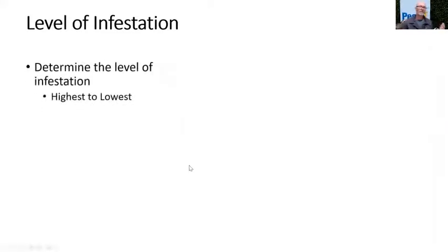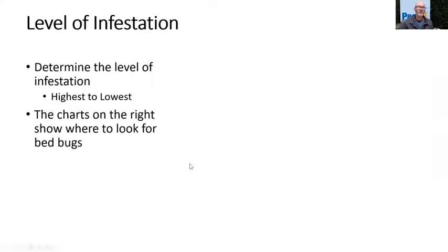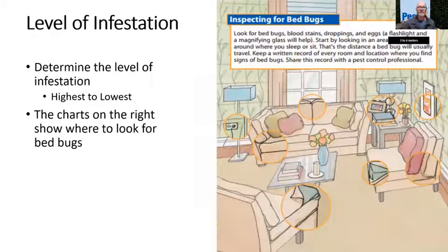So thinking about, obviously, from highest to lowest, our level of treatment. We're going to look at where the bed bugs are and how I can make sure that those areas are most exposed to heat. I don't know if it's easy for you to see on the screen at the moment, but this will all form part of the notes that we send. I'm going to look at my inspection process, which you all know, looking for bed bugs.